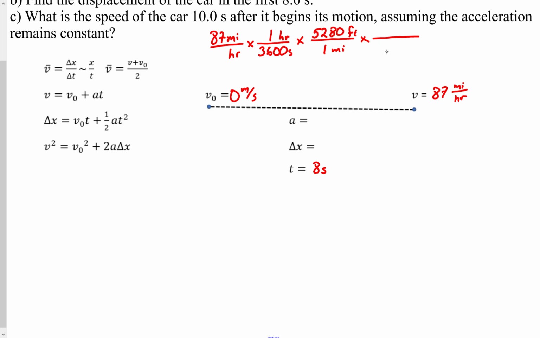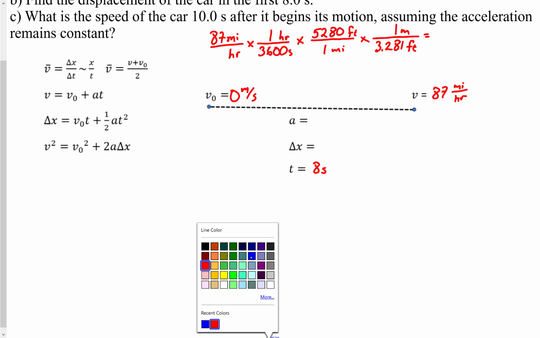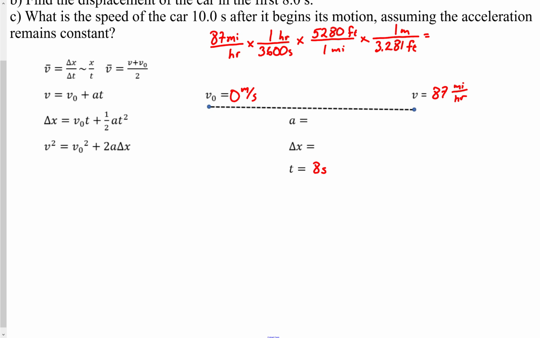So now feet to meters. I know there's 3.281 feet in a meter. And now if you wanted to, I could actually go through and start canceling things out and see if it makes sense. Hour cancels hour, mile cancels mile, feet cancels feet. So we end up with exactly what we're after.